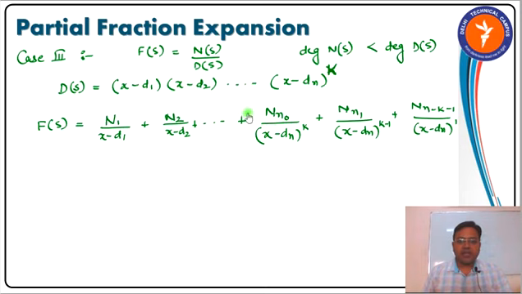So now we will apply the residue theorem to find out these variables. So these residues, we have nn naught, that is the residue of the highest order term, nn naught, and this will be equal to s minus dn raised to the power k multiplied with the same function f of s.